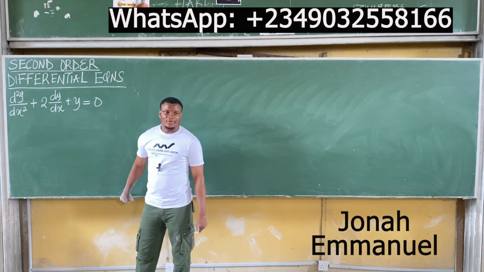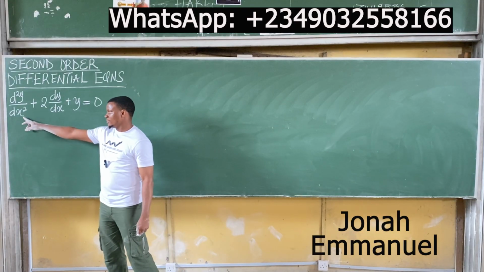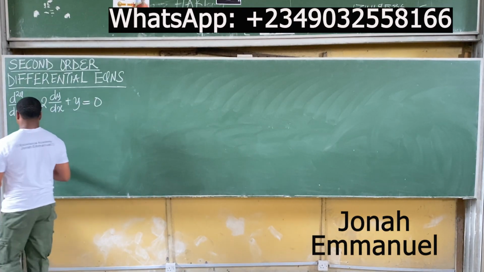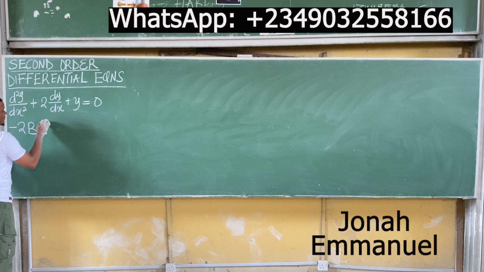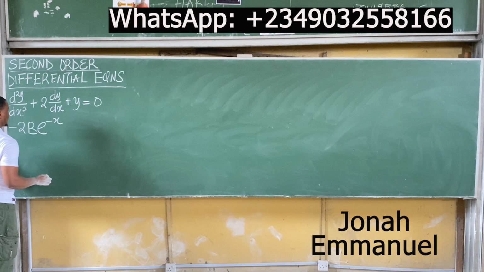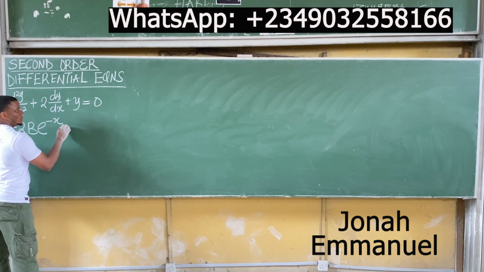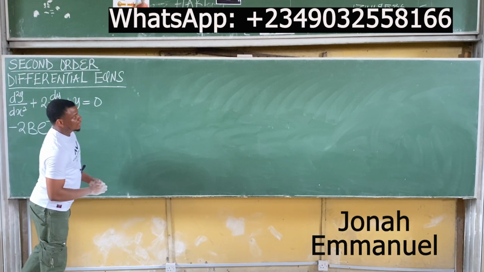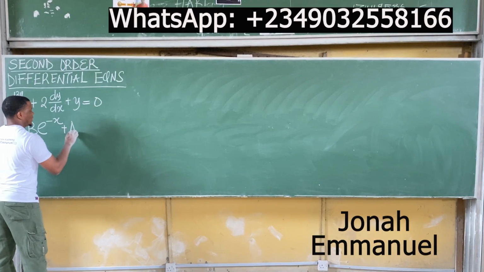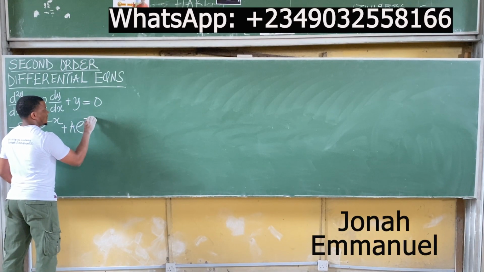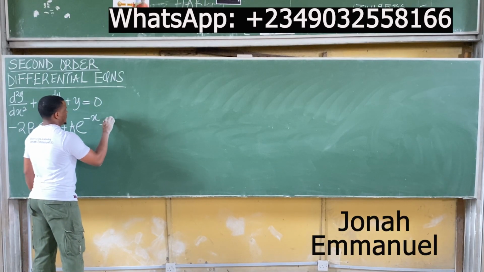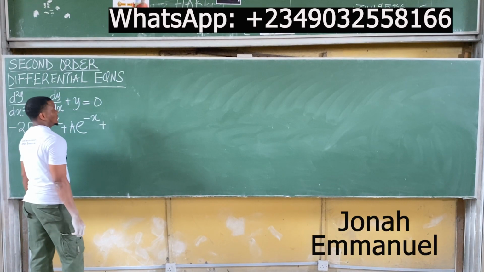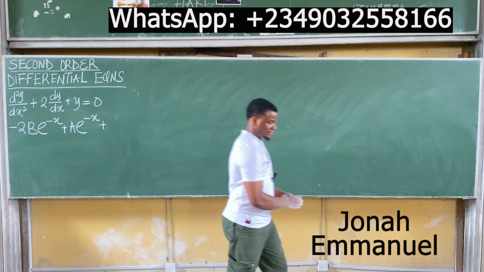So please look up. Give me the value of this one here. Give me the value again there, please. Minus 2b exponential minus x, okay? Plus a exponential minus x, plus. Not everything can enter here.